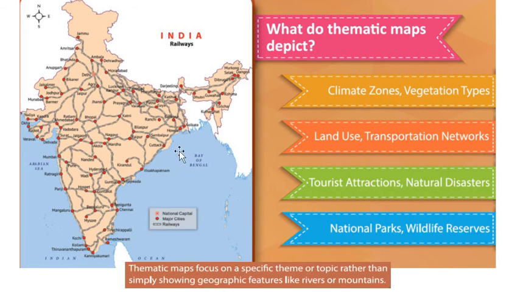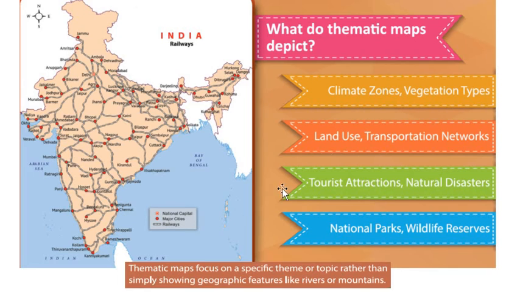Let's move to the third map, which is a thematic map. What do they depict? They depict climate zones, vegetation types, land use, transportation networks. Unfortunately, these are not covered in 6th class; you will find them in the higher classes. Also tourist attractions, natural disasters, national parks, wildlife reserves. So many things.